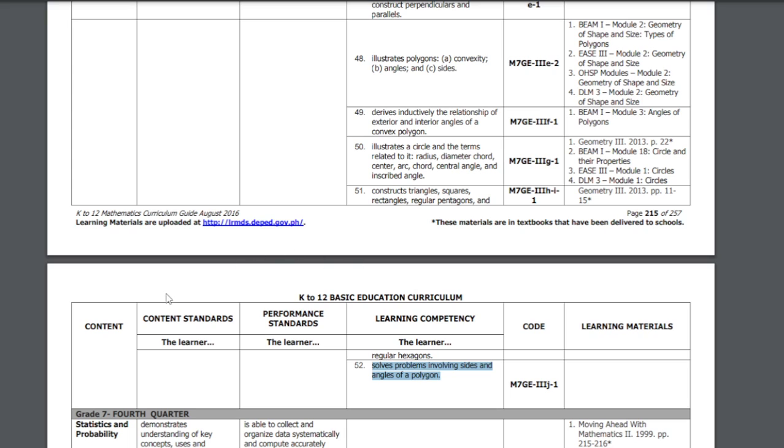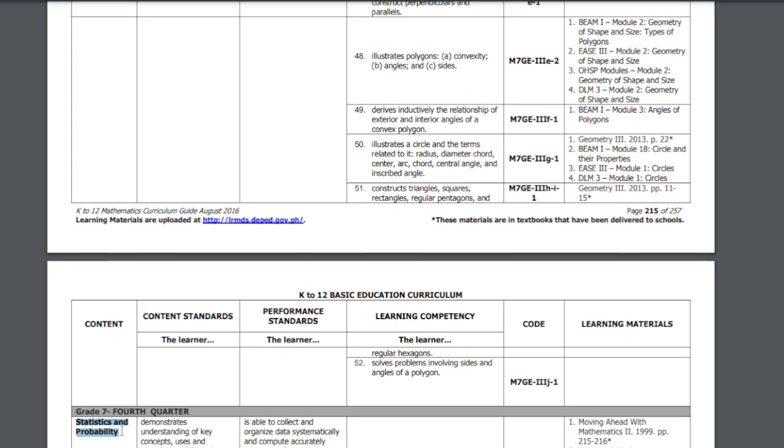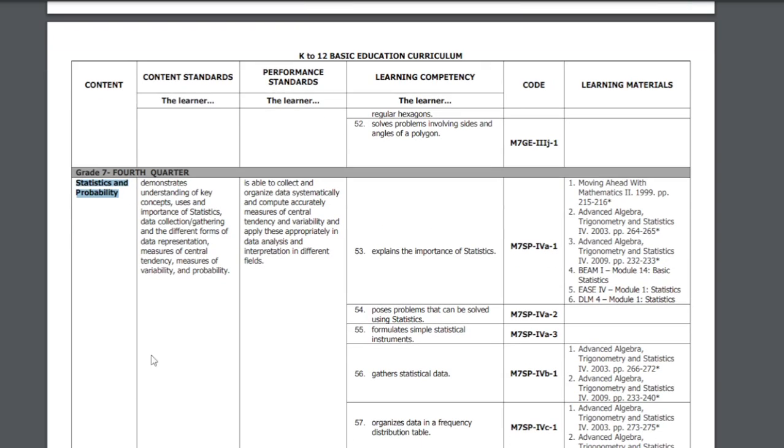Now we start the fourth quarter, which starts with statistics. Basically, we'll try to convince you of the importance of statistics. And we're going to pose problems that can be solved using statistics. We're going to find some problems and try to solve them.